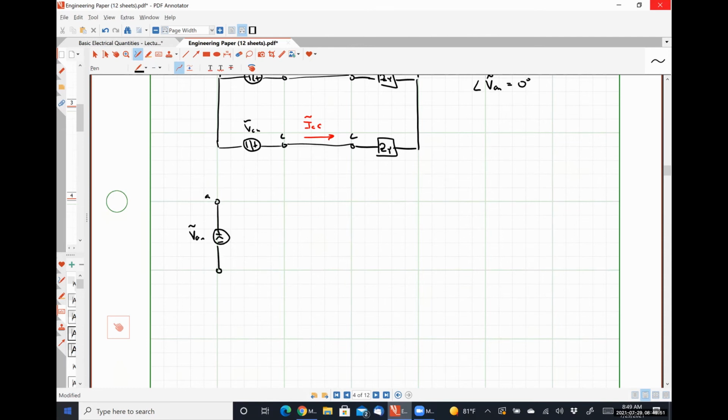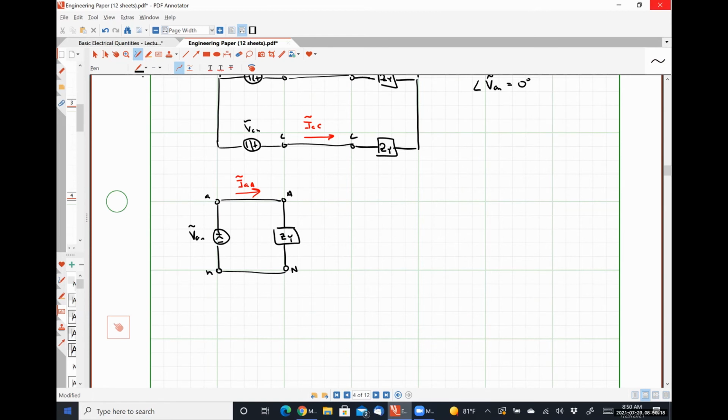Here's my voltage VAN. This is going to be a short circuit. Here's capital A. Here's my impedance ZY, capital N, lowercase n. Short this guy out. This is my line current, IAA.